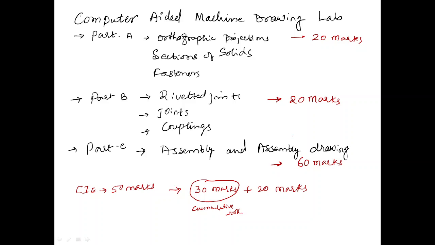Cumulative marks is 30 and 20 marks is for the final CIE. Okay, so SWE is 50 marks.